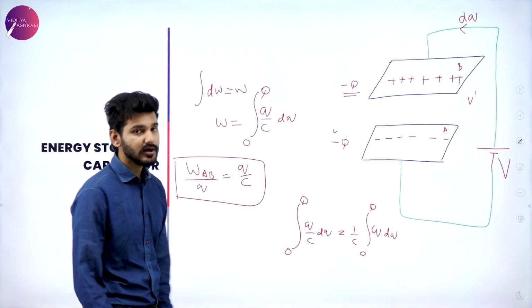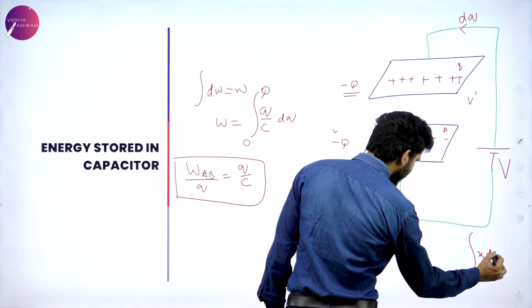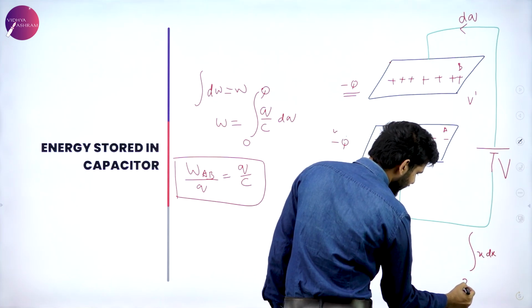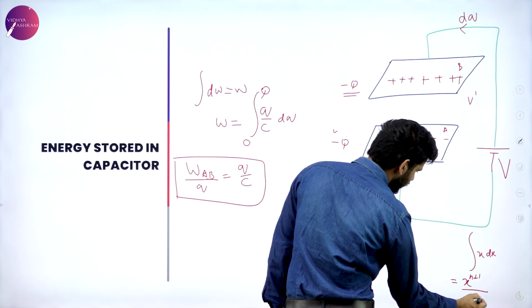And we know already that the integral of x^n dx is nothing but x raised to n plus 1 by n plus 1.